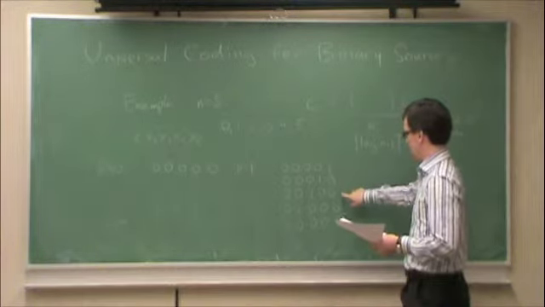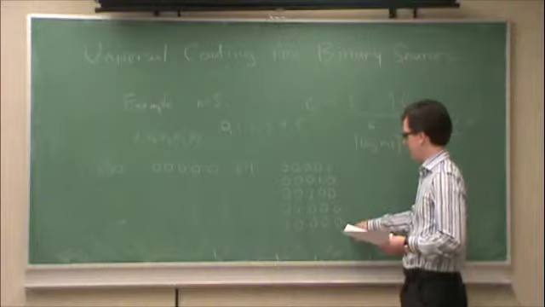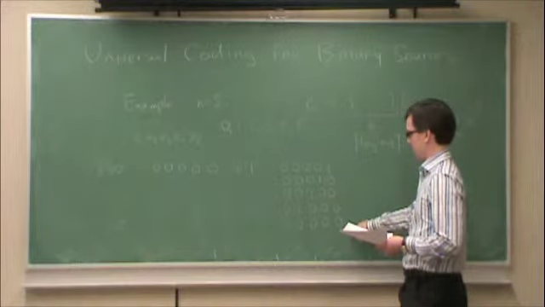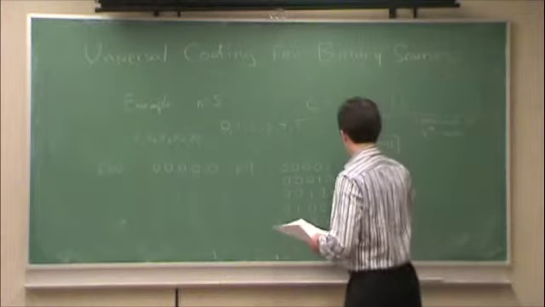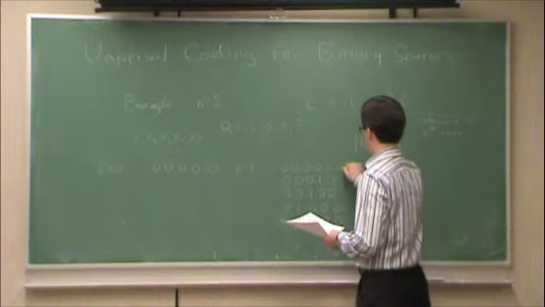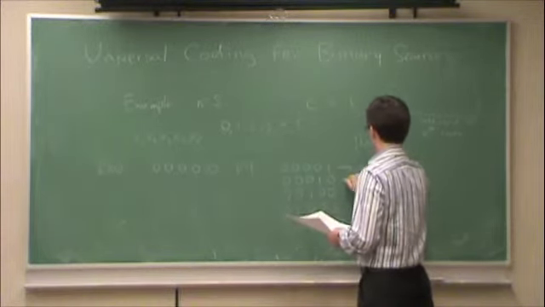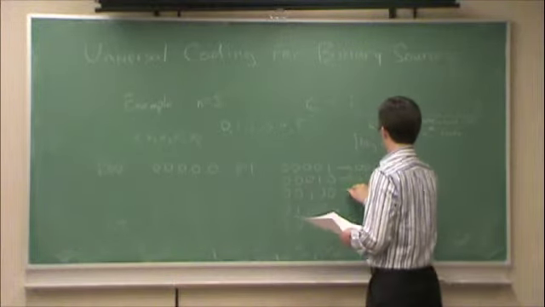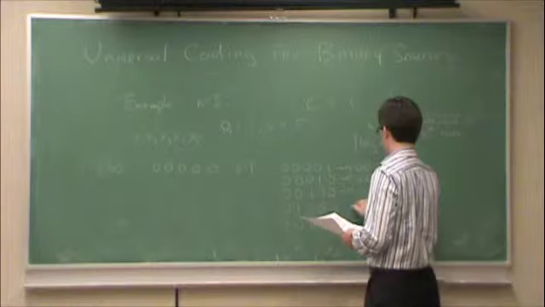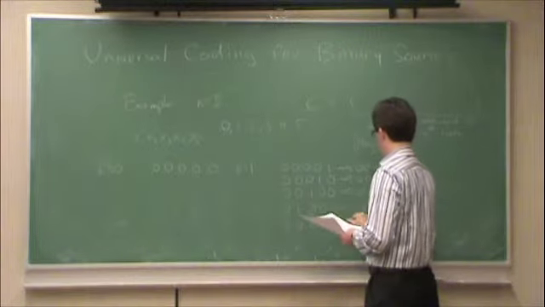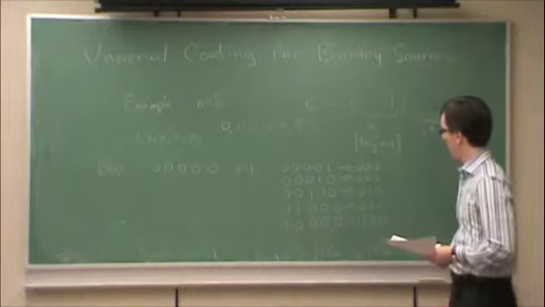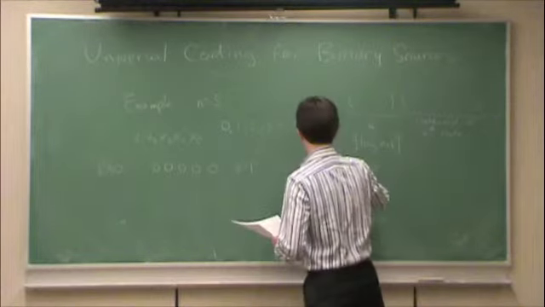So there are 1, 2, 3, 4, 5 of them. The number of bits that I need to represent 5 possibilities is 3. So we can just assign these to 000, 001, 010, 011, 100. So this is the source sequence, this is the code word.